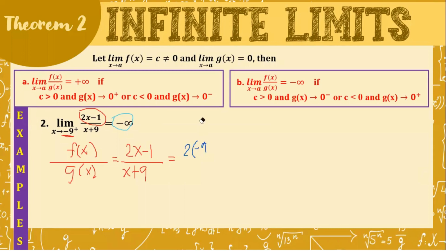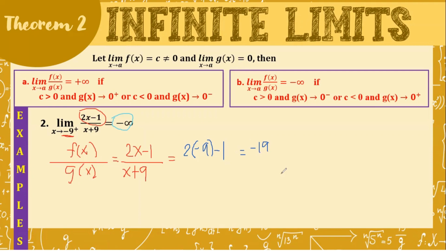Let me erase that first because it's not clear. So, 2 times negative 9, minus 1. What is the result here? That is equal to negative 19. Why negative 19? 2 times negative 9 is negative 18, minus 1, that is negative 19.